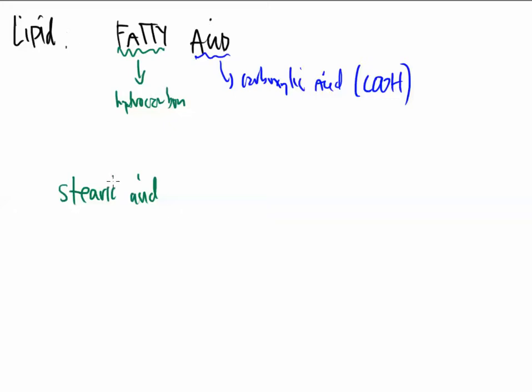Why? We'll talk about the properties of fatty acids and what they do, but if you take a look at the structure for stearic acid, it actually has 18 carbons involved. 1, 2, 3, 4, 5, 6, 7, 8, 9, 10, 11, 12, 13, 14, 15, 16, 17, and 18.